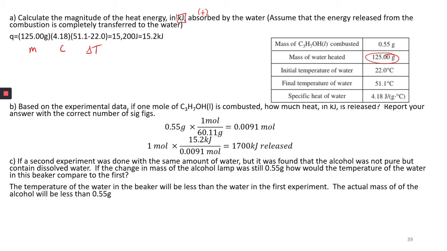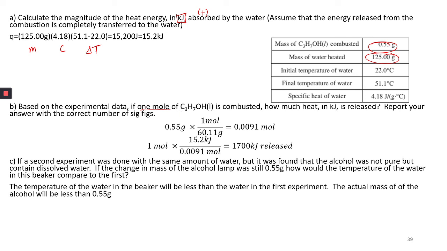Based on the experimental data, if 1 mole of 2-propanol is combusted, how much heat in kilojoules is released? Report your answer to the correct number of significant digits. So this is the mass of our propanol. So let's convert that to moles because we want to know 1 mole, right?